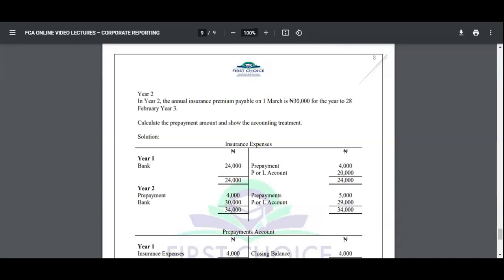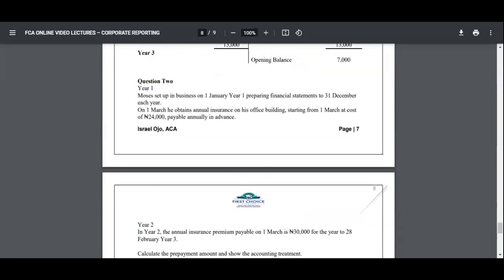Now, what does the first year say? He paid 24,000 naira, okay, at cost. So payable in advance. And that is 1st March. His closing period is December. So how many months will he be recognizing for this year? He'll be recognizing for 10 months. 24,000 naira is for 12 months.